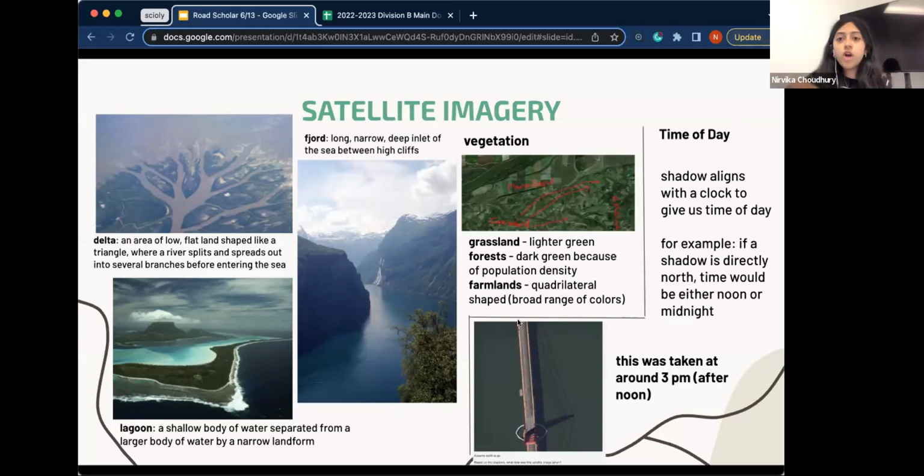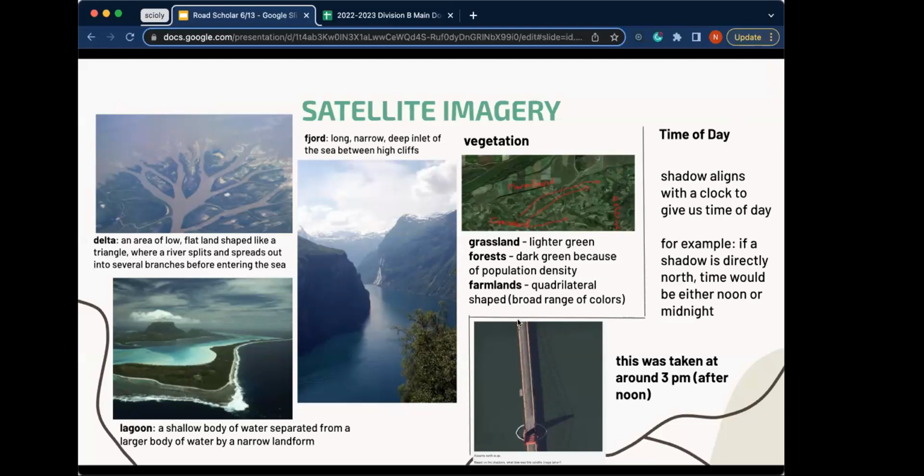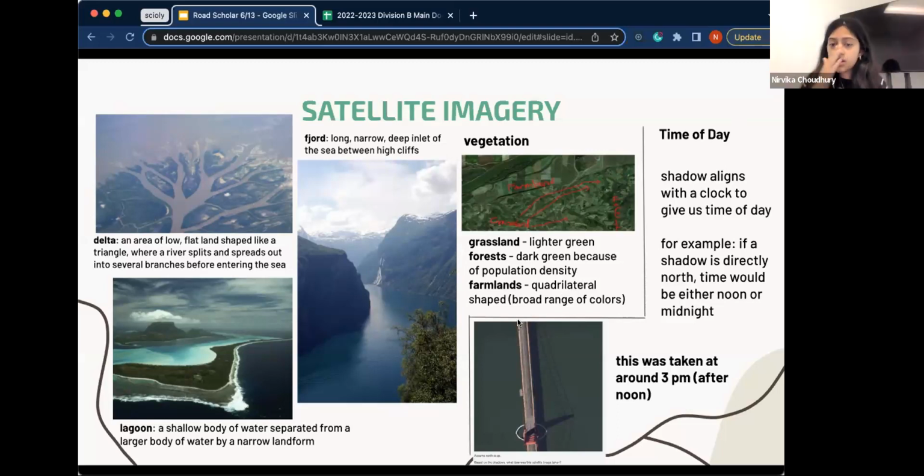Because that's how the farmers plant the farmland. They do it in arrays. That's why you'll see it in quadrilateral shape, because they don't do it randomly. It's also a border between different types of plants, different types of things growing.